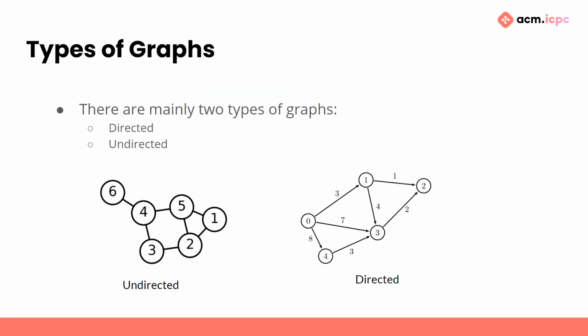That's why it's called a directed graph. Directed graph edges are sometimes called unidirectional edges, and for undirected graphs they're called bidirectional because you can go in both directions.